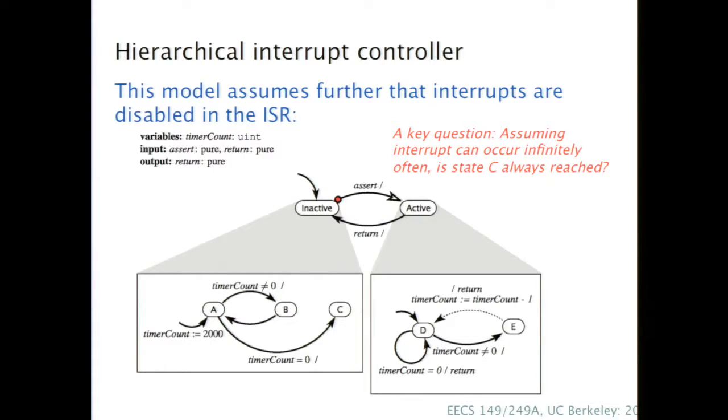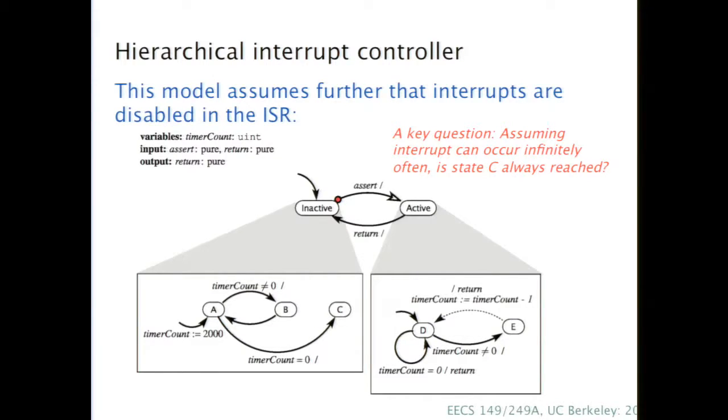Actually, I'm not even sure I need that constraint to answer this question, because if I get only a finite number of assertions, I don't think it changes the answer. What this was trying to get at was that I didn't want to examine the special case where an interrupt request never occurred, or occurred only once.